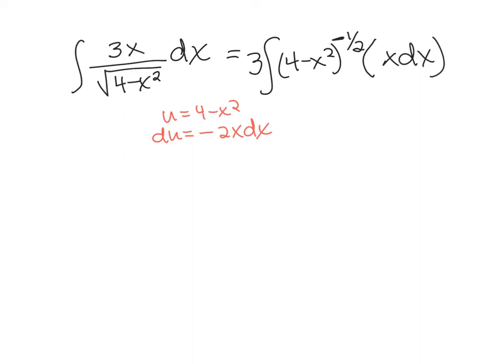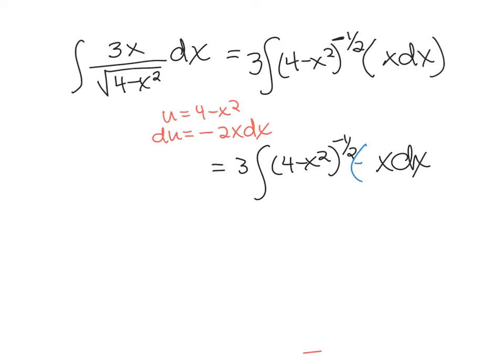Pay attention to your signs. They're very important. Okay? So what's missing? I've got x dx right here. I'm missing a negative 2. So what I'm going to do in the next step is take my integral here, blob to the minus 1/2 x dx, and I'm going to multiply by the missing minus 2, and divide by a minus 2.